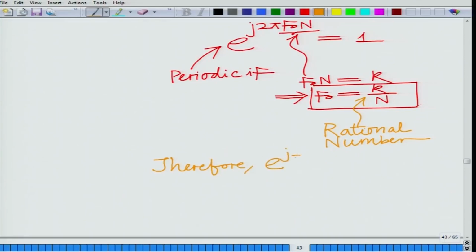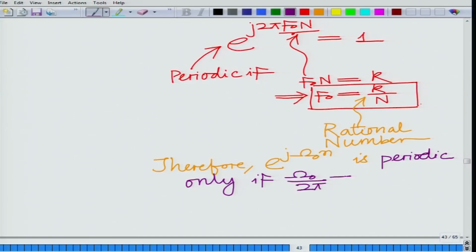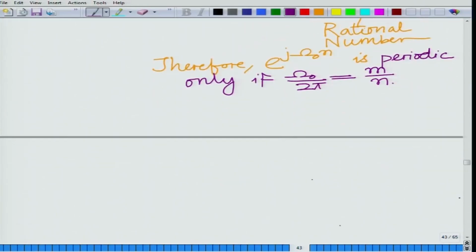Therefore, e to the power of j omega naught n is periodic only if f naught, that is omega naught by 2 pi, equals some m over N, that is, this has to be a rational number.